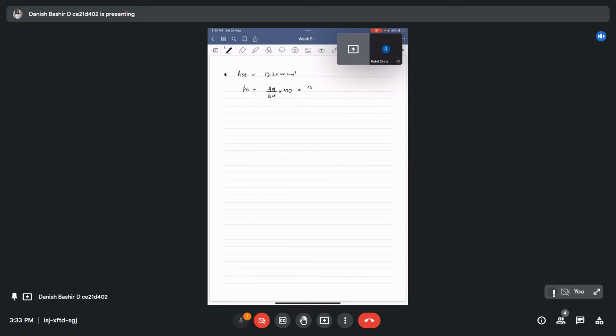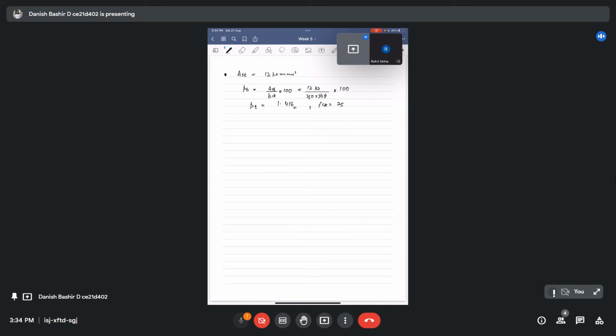It is 1232 divided by 250 into 348 into 100. When we calculate this pt, the percentage of tensile reinforcement, it comes out to be 1.416.